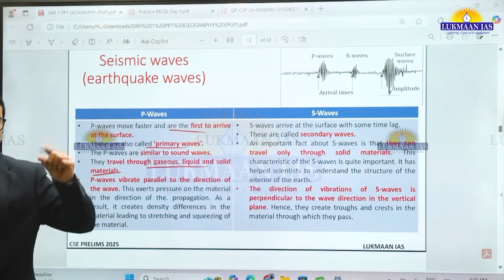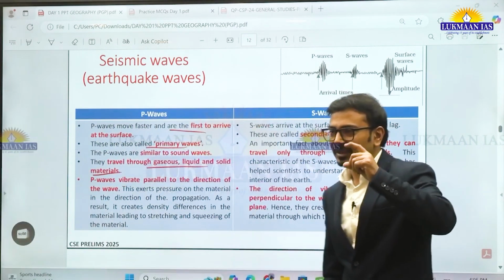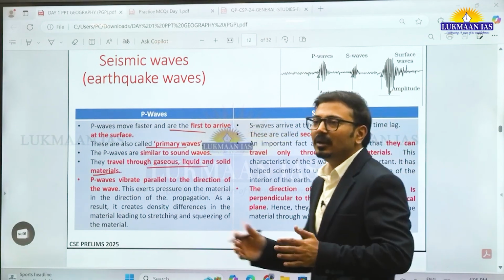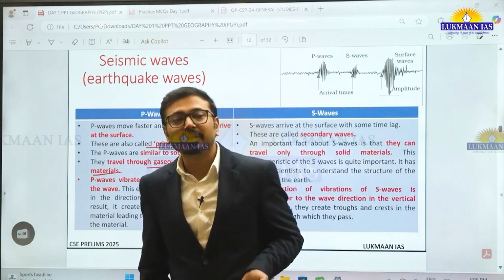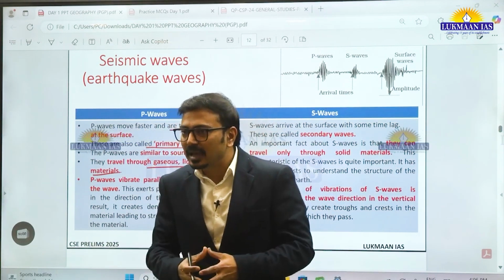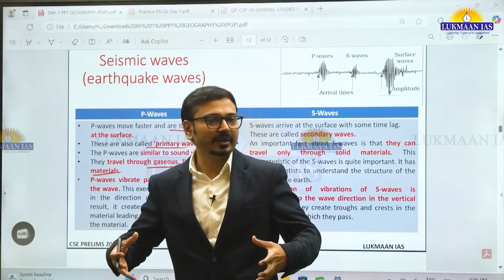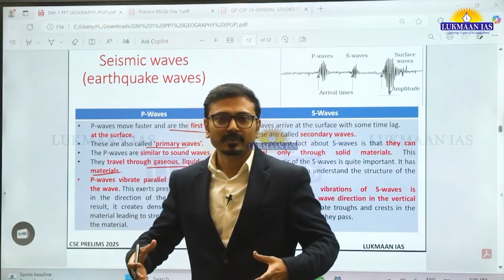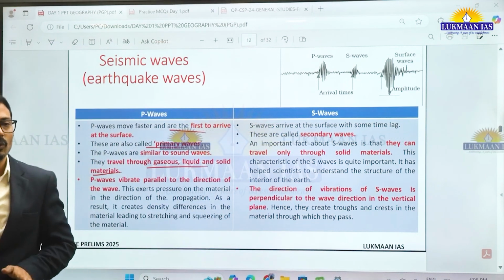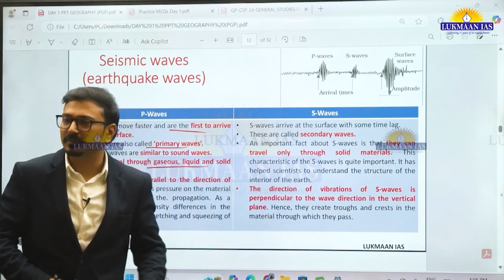Compression and rarefaction. You saw the movement of a spring, you studied springs in physics, oscillations. So basically longitudinal waves form these, and because of that, the material through which they are passing is squeezed and expanded. Next, these waves are basically vibrating in the direction of movement of the wave.